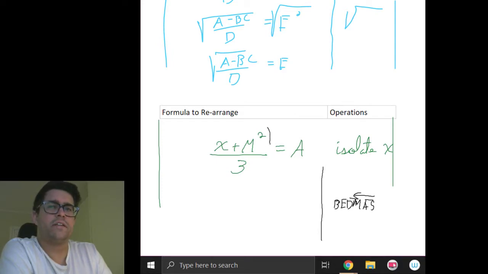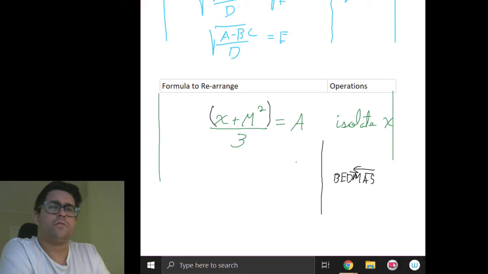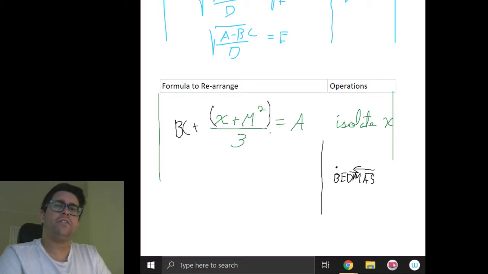This thing is a bracket. Brackets are last. First, is there something adding on, like the AS?